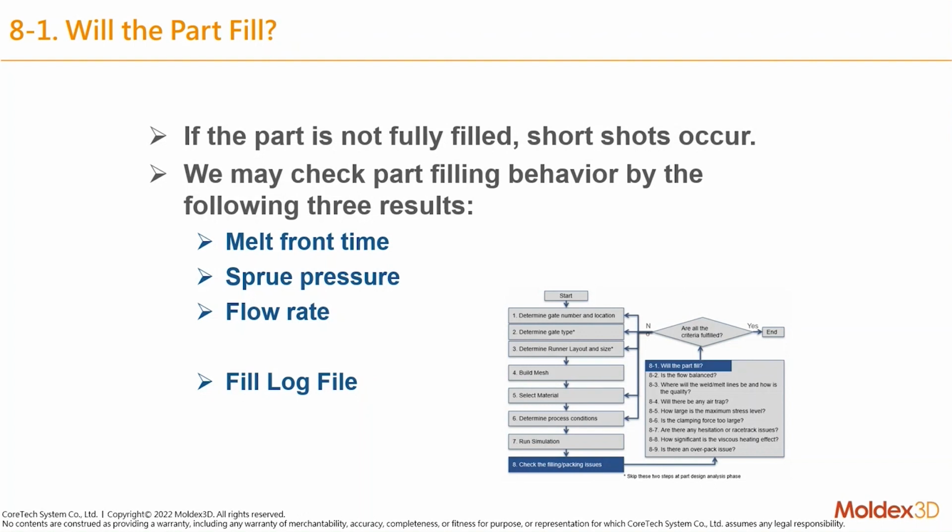First being the melt front time, or the melt flow. The second being the sprue pressure curve, and the third being the flow rate result. And I'll cover these in depth, and we can also look at the log file of the filling analysis.